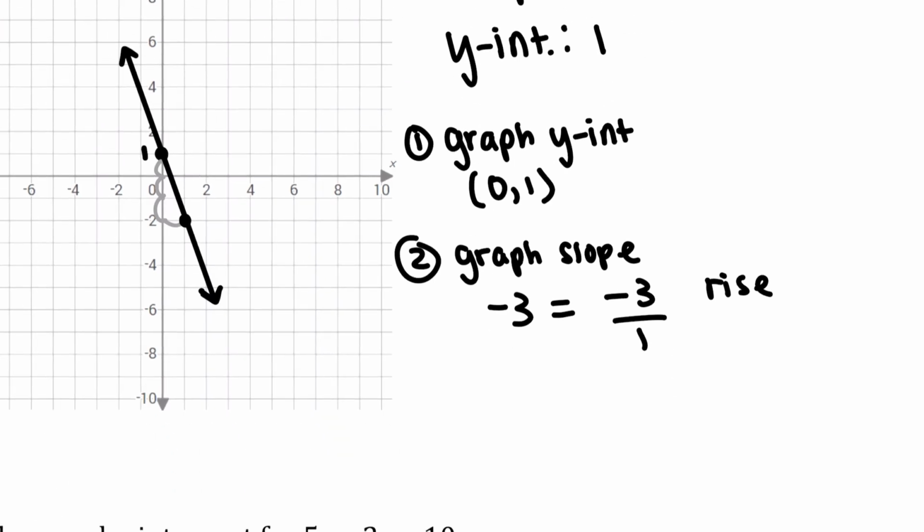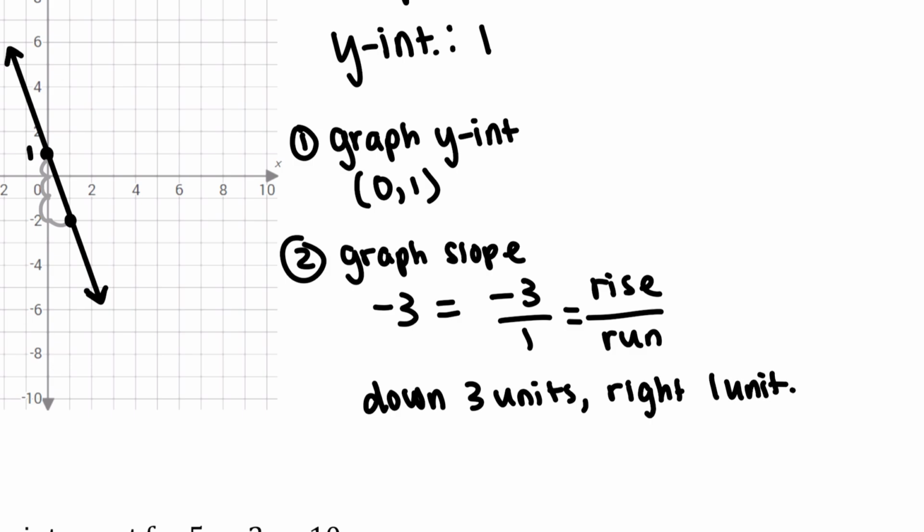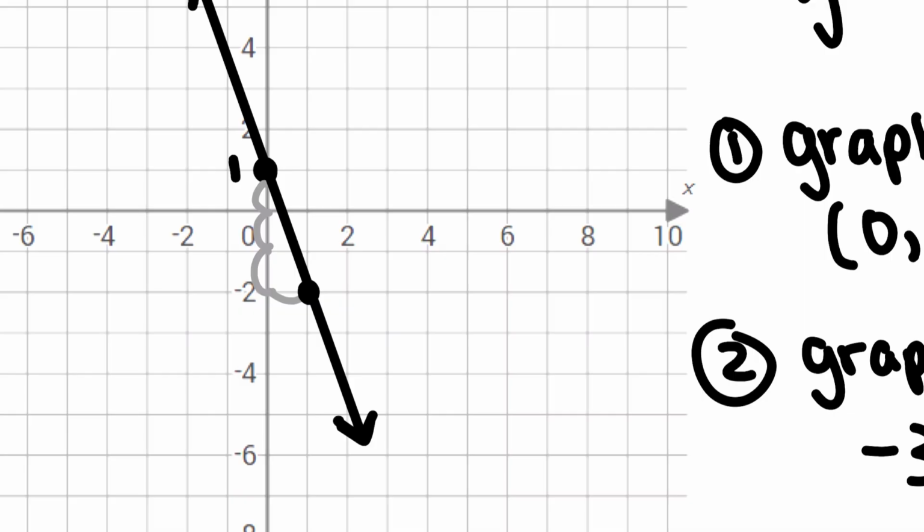So our rise over run, right? So down 3 units, right 1 unit. All right.